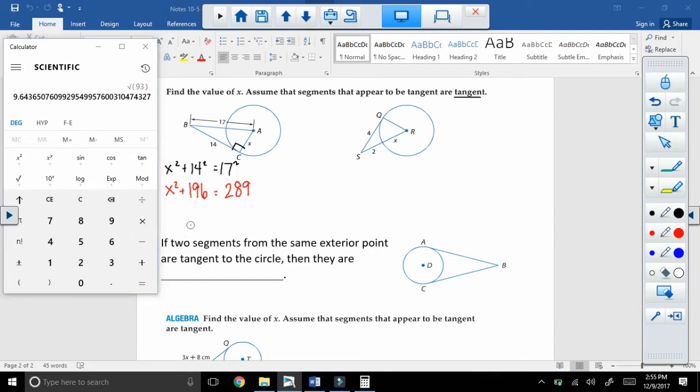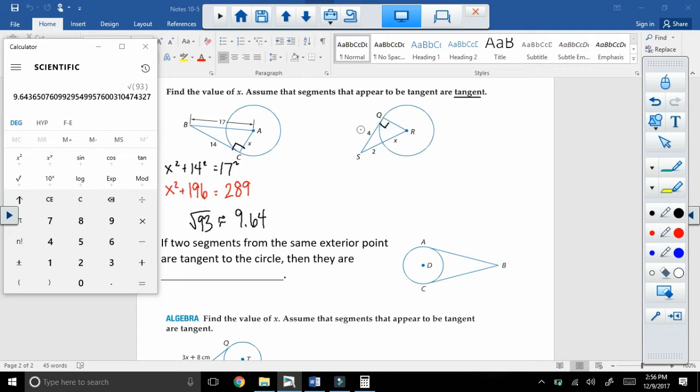It doesn't say here what we need to do. If you want to just leave it the square root of 93, that's fine. Or if you want to approximate, that's going to be about 9.64 if you're rounding that to the nearest hundredth. Because the directions don't say, if you were to put 9.6 on a test or a quiz, I wouldn't mark that wrong.